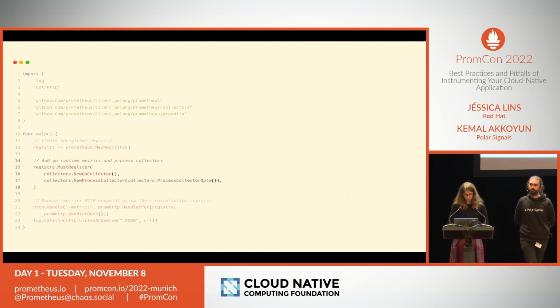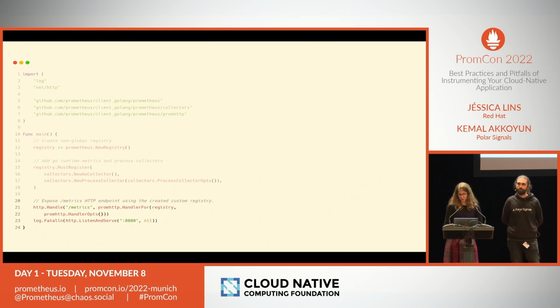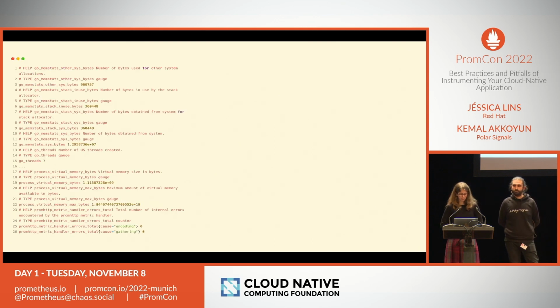So we register our collectors. In our case, we want to use the Go collector and the process collector. Then we can expose our /metrics endpoint, and here we pass the custom registry that we just created. If we go to the /metrics endpoint, you see all of those metrics, the ones we just added with the collectors.